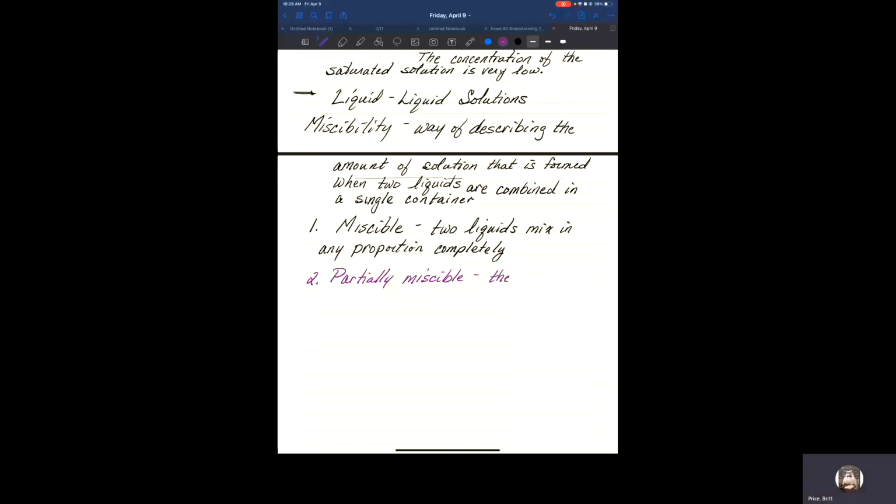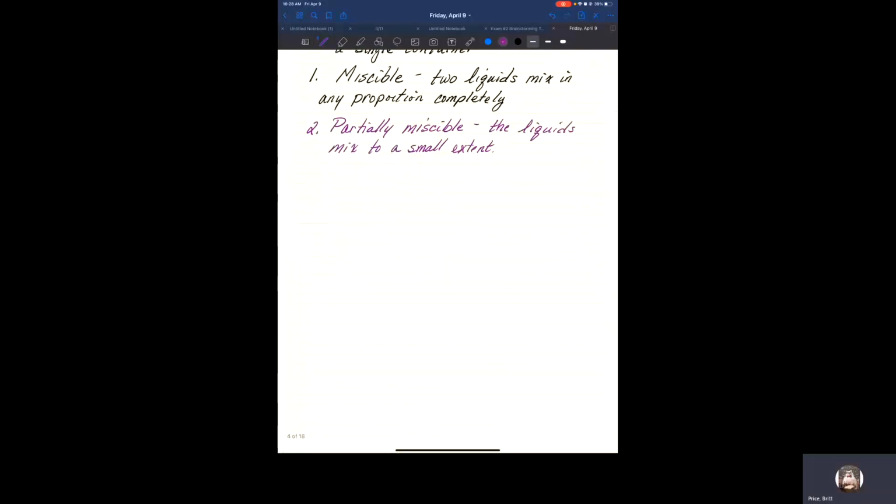The two liquids mix to a small extent, meaning that some of the solute actually does dissolve in the solvent.